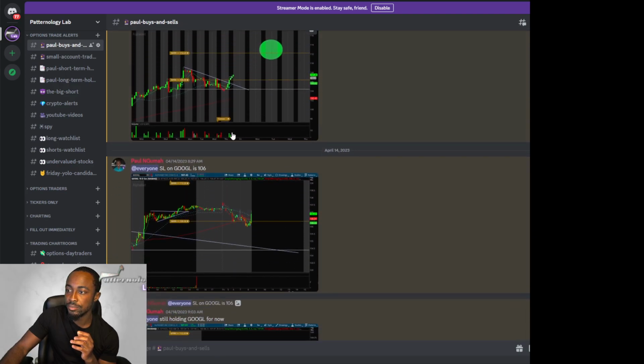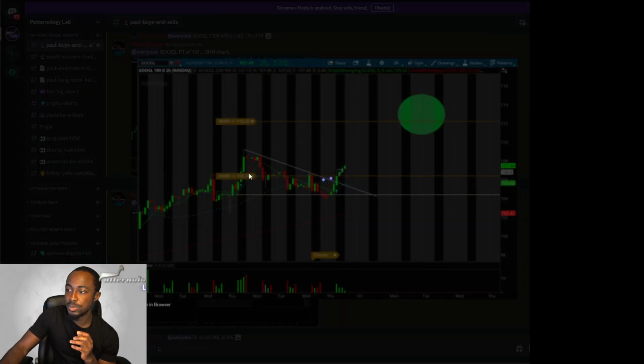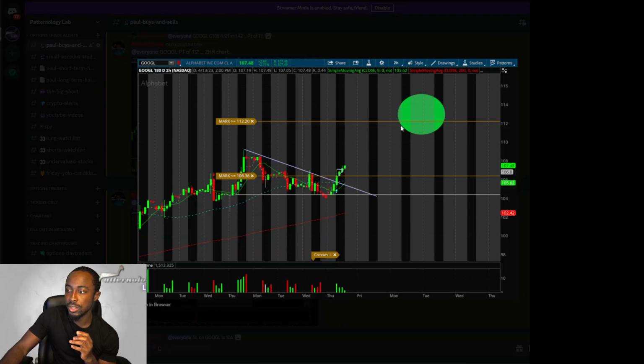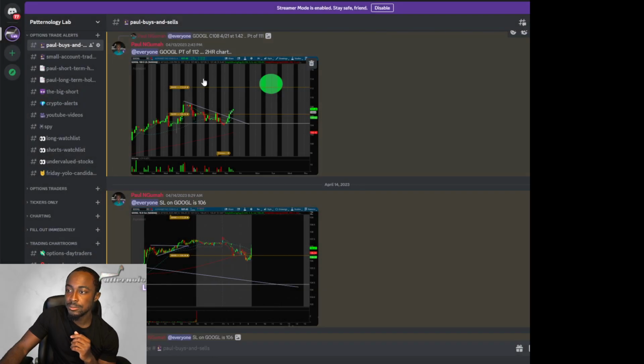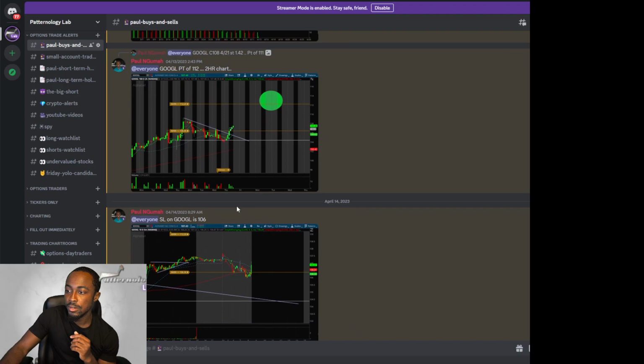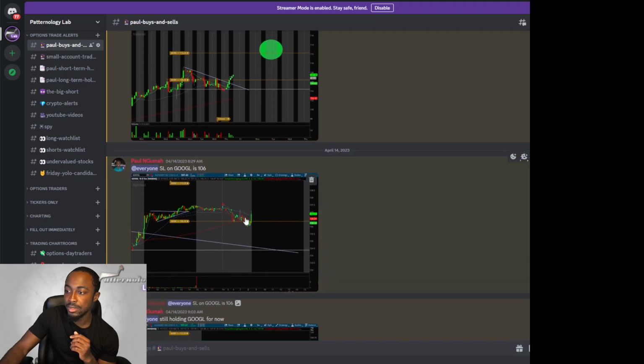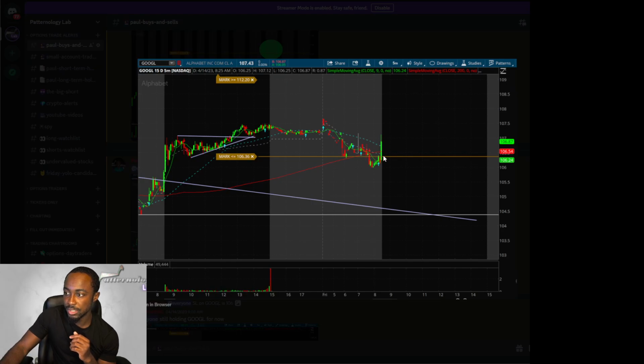Initially there's this bullish pennant on Google, which I was trading for a move all the way up to 112 even. All right, and Friday it gapped up, it gapped lower, and there was some volume, some money flowing into the stock. So I expected the move to at least 108.5.